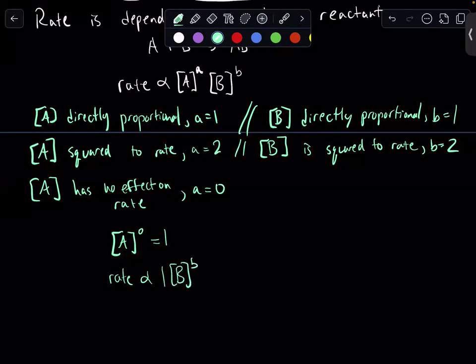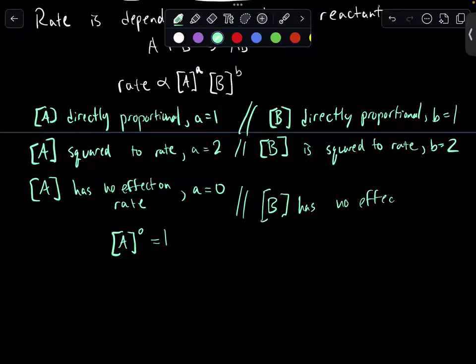So we can have no effect, and that would just be a 0 for that exponent. Same thing with B: if B has no effect, then we know our little b exponent is 0.